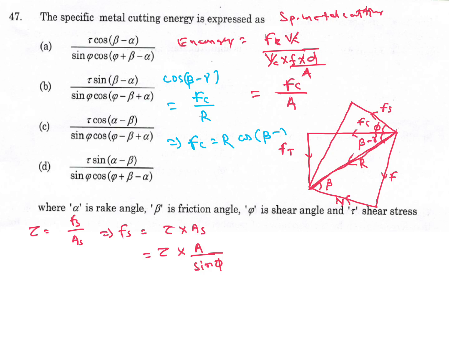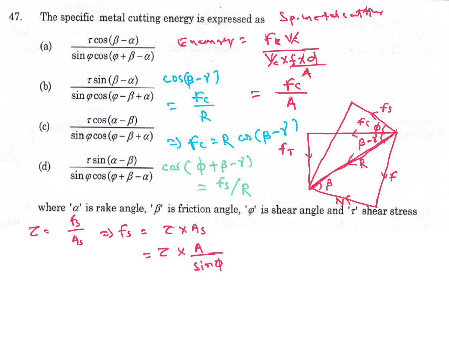Then one more relation you will get, shear force Fs and R. You will get cos phi plus beta minus gamma. Gamma is your rake angle. You will get Fs by R.